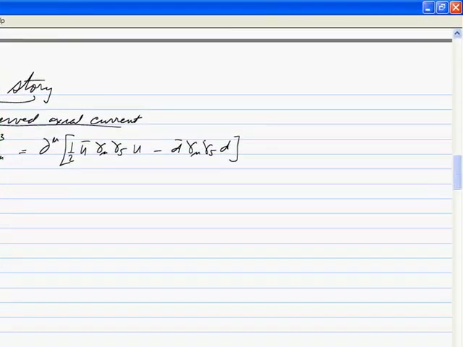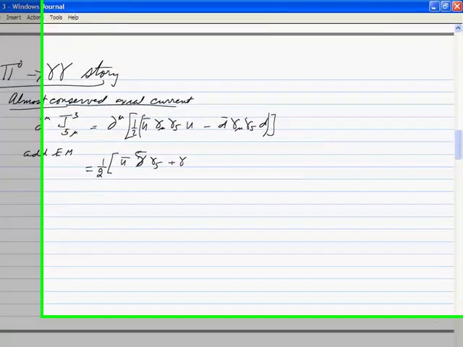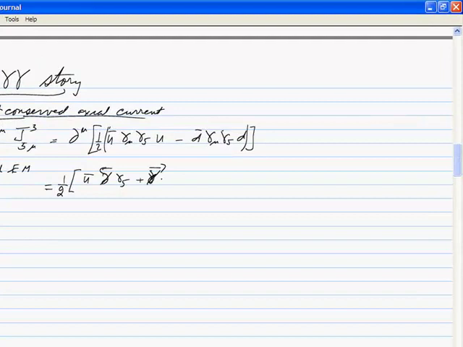Okay. And the calculation just basically goes, there's a 1/2 here. It turns into u bar D slash acting that way, gamma 5 plus D slash acting that way on the u, gamma 5, minus the d terms.